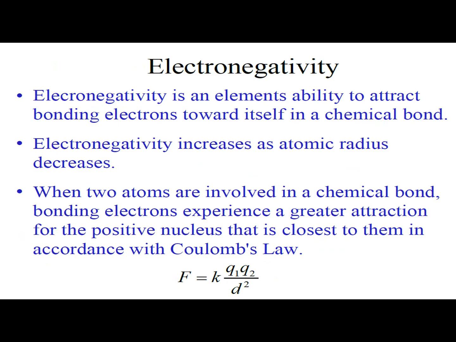We have encountered electronegativity before, especially when we talked about periodic trends. If you'll remember, electronegativity increases as you go across a period and decreases as you go down the periodic table. And electronegativity, there needs to be a T there, is an element's ability to attract bonding electrons.